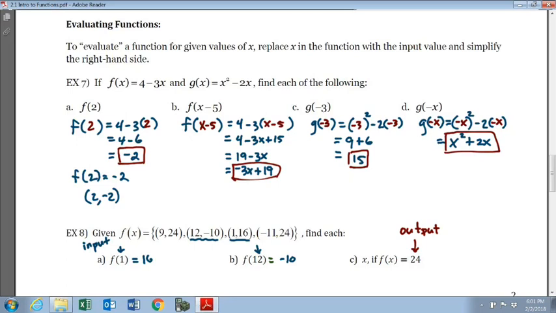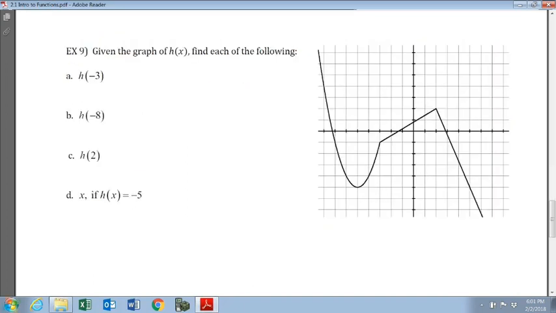There are actually 2 points that have y values of 24, and those points have x values, or inputs, of 9 and negative 11. So it's basically the opposite of what we just did for A and B. All right, let's move on.